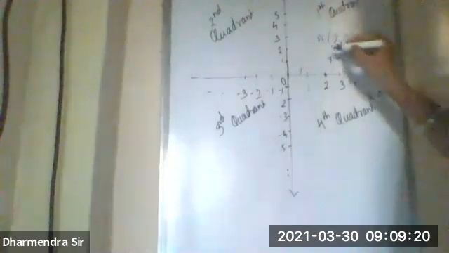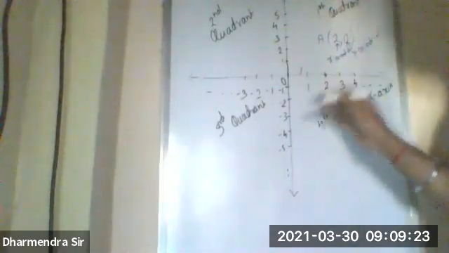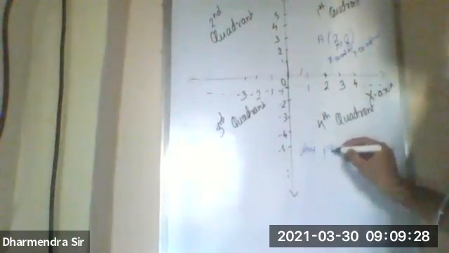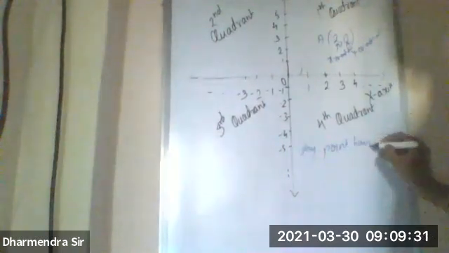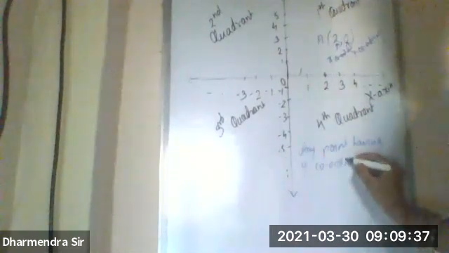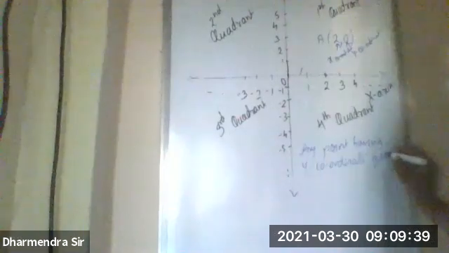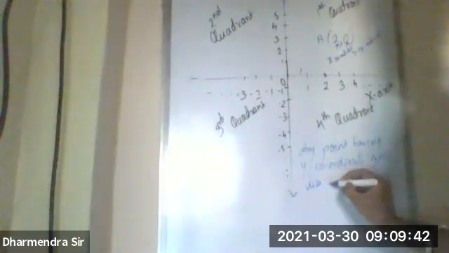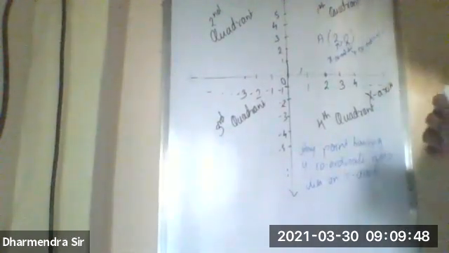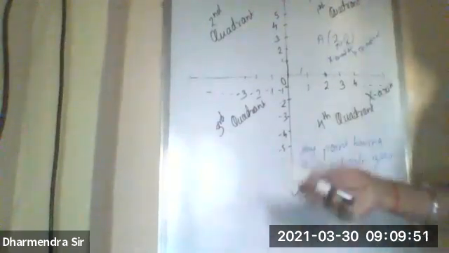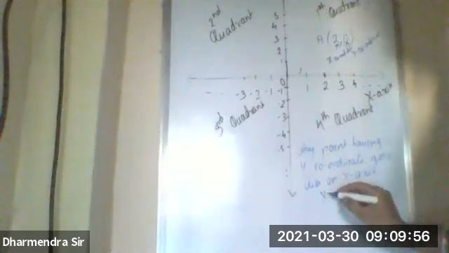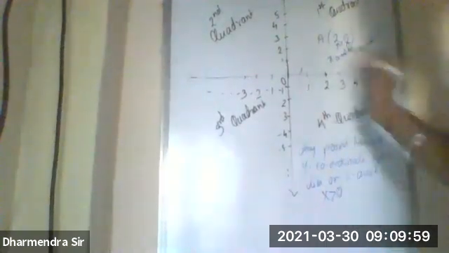From this we can conclude that any point having y coordinate 0 lies on the x-axis. Now it depends on the value of x, either positive or negative. If the value of x is positive, then it will lie on the right hand side.